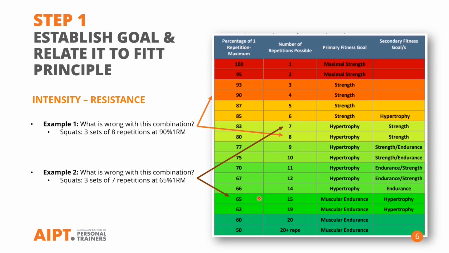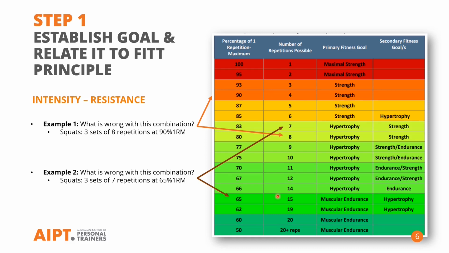So for the most improvement to occur at that intensity, we must give them a volume that matches. So 15 repetitions in this example. Generally speaking, if you're using this table, the best way to do it would be to always match the repetition number to the intensity column.